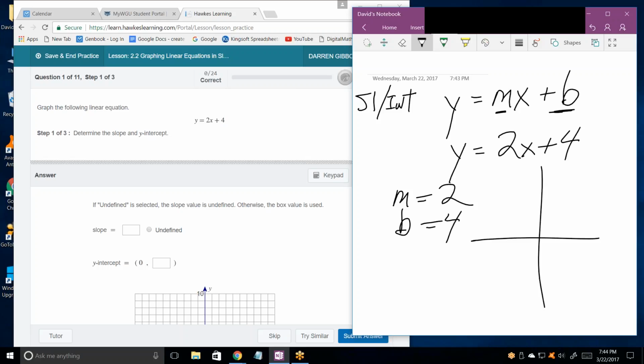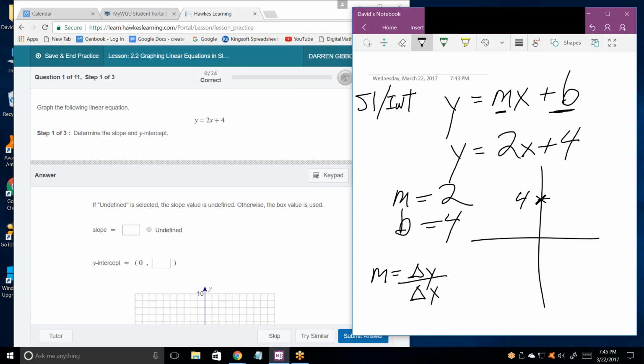As long as I start at the y-intercept, there's 4, so I know that point is on the line. And now to get the slope, it's rise over run. That's the way to memorize slope, rise over run. Slope is the change in the y, which is the rise, over the change in the x, which is the run.